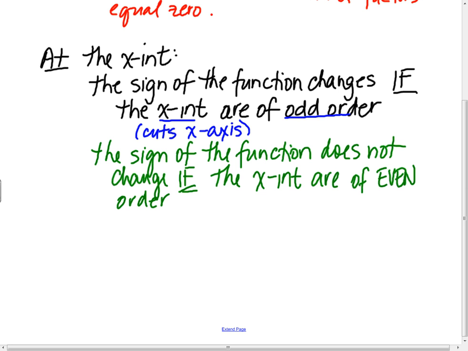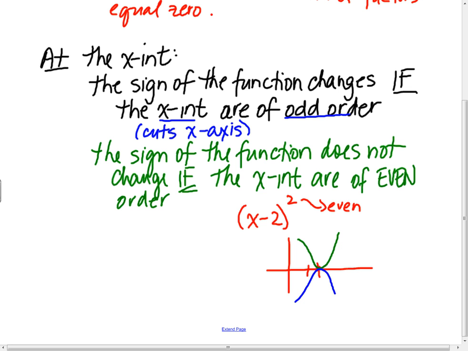For example, don't write this one down. If you have within your polynomial function x minus 2 squared, that's of even order. That means you have an x-intercept of 2. But since it's of even order, the function won't change sign. So the function will be positive and continue to be positive, or it will be negative and continue to be negative. It doesn't change sign.